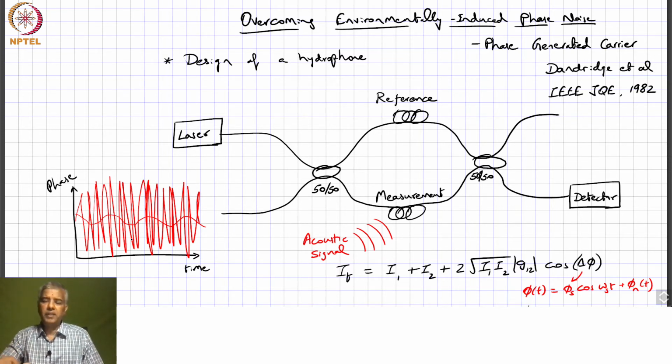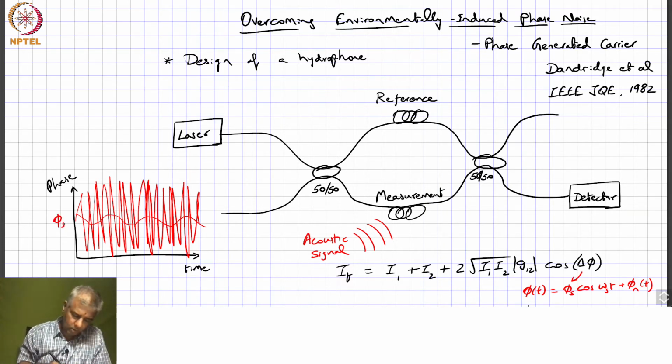And that plays a huge role in burying your signal, right. So, how to extract the signal, essentially this phase change, let us say this corresponds to phi s, phase change with amplitude phi s, right.